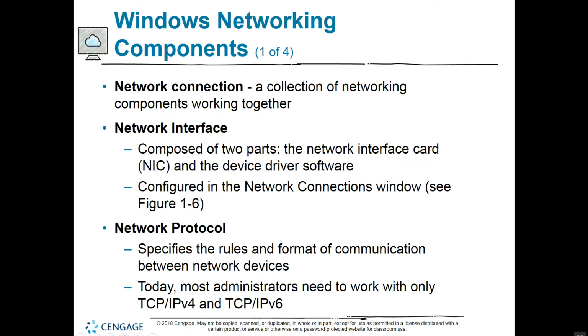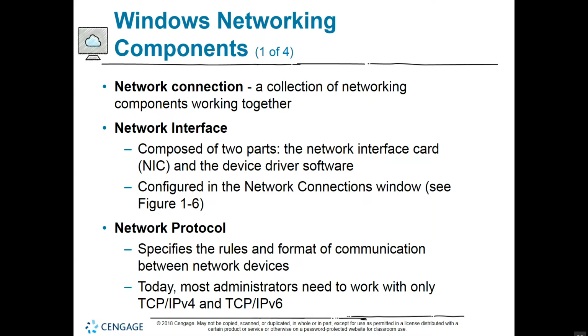So the network connection. It's a collection of networking components all working together. A network interface is composed of two parts: a NIC, or network interface card, and the device driver software associated with it. So let's take a step back.